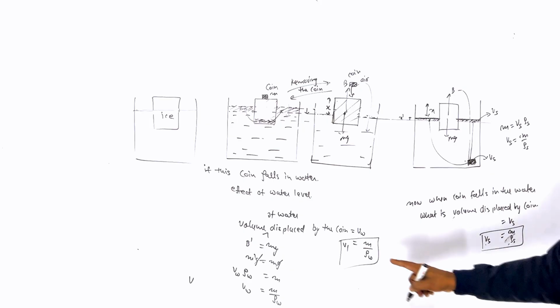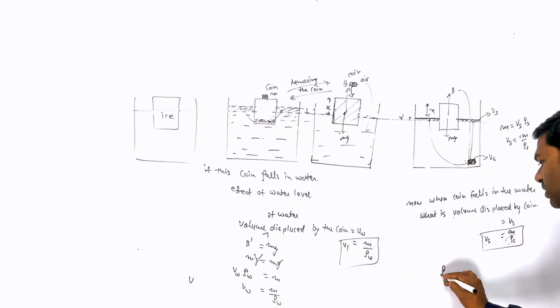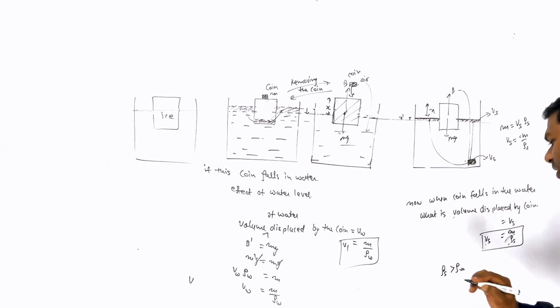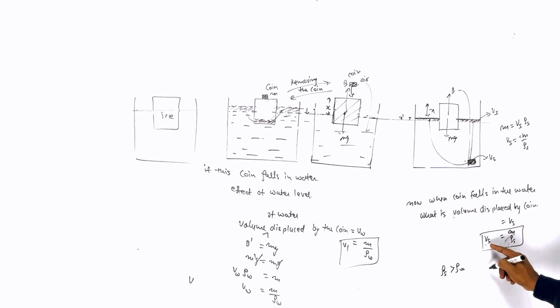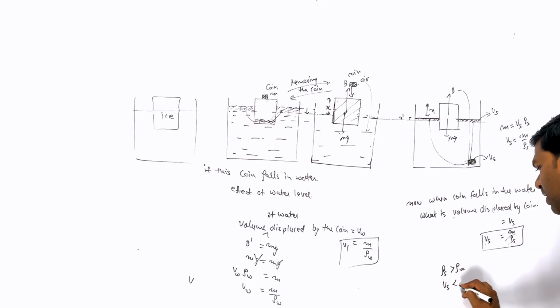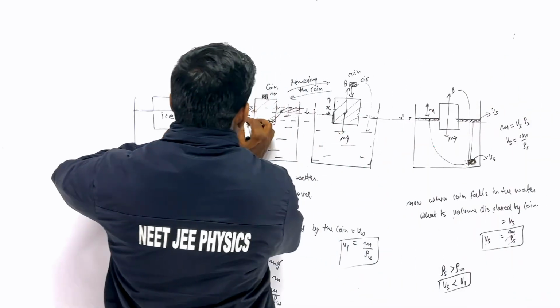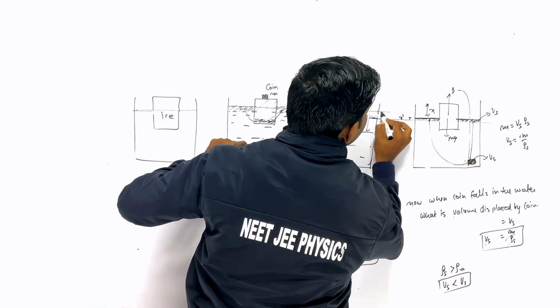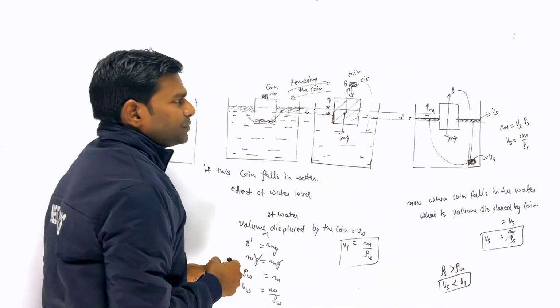So tell me which is greater. Since the density of the solid, the coin, is greater than the density of water, this volume is less than the volume displaced in the other case. So listen one thing. Initially it was the level of the water.